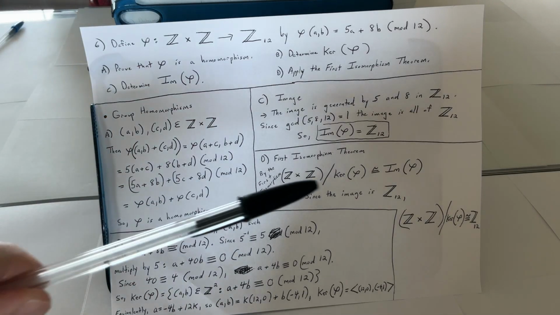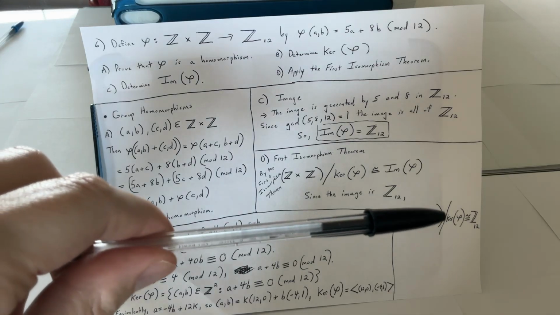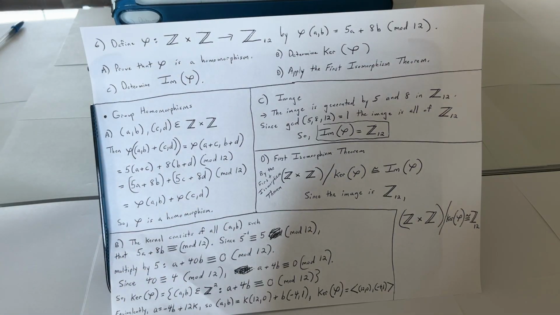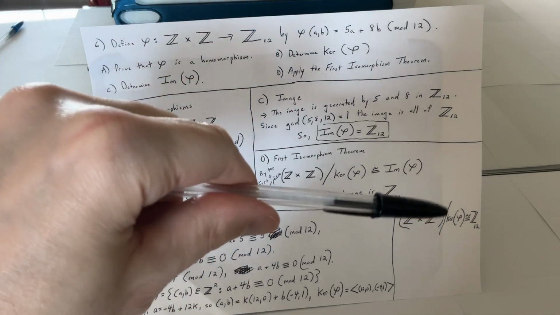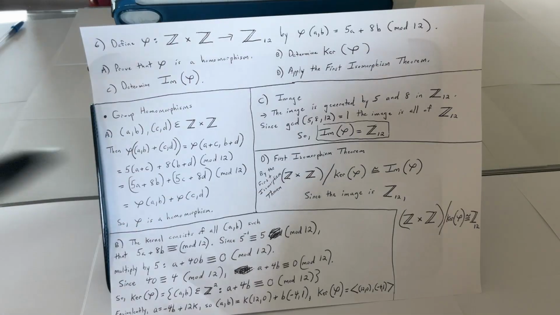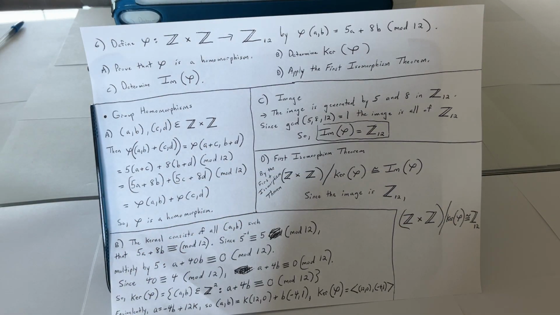Since the image is Z12, the quotient group of Z × Z by the kernel of phi is isomorphic to Z12. Okay, all right, so that's for number 6.